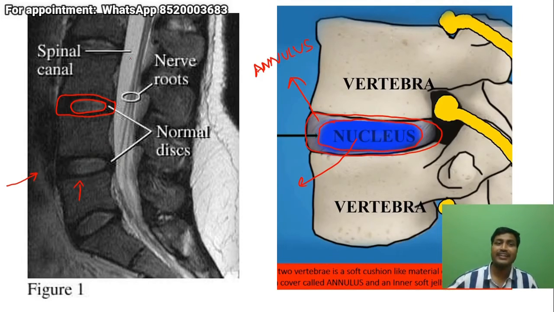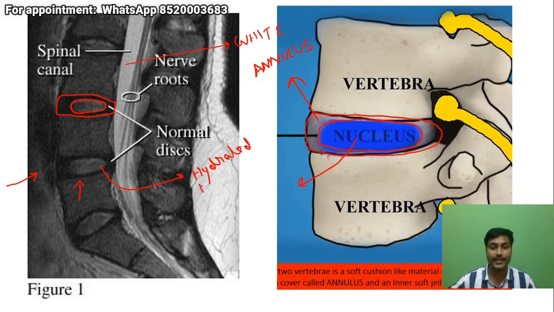And second one, can anyone tell me why is CSF white in color? On T2 weighted images, why is CSF white in color? Water content. Anything which contains water content in our body appears white on T2 weighted images. So CSF is nothing but water. That is why CSF appears white in color. Similarly, in a normal disc, the nucleus pulposus is hydrated.